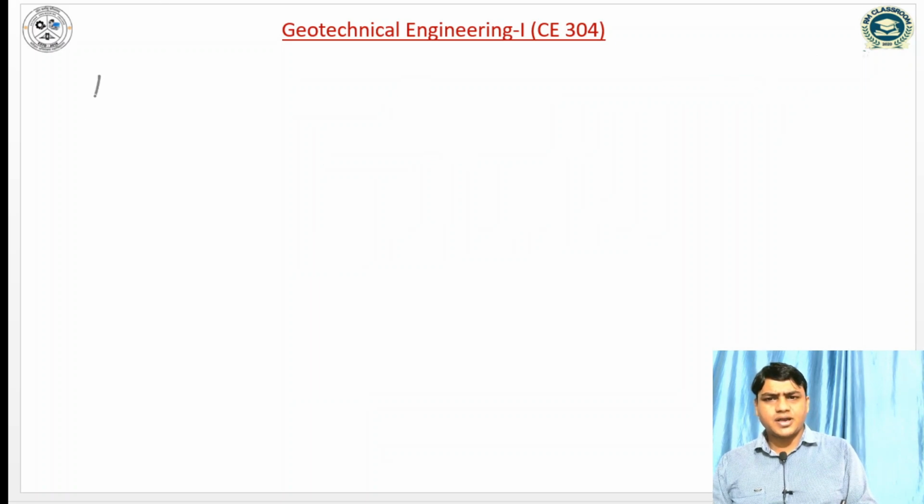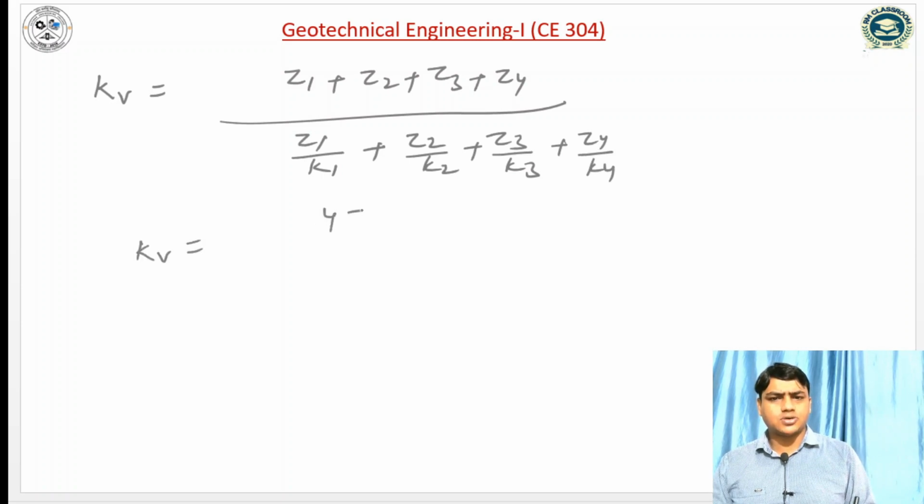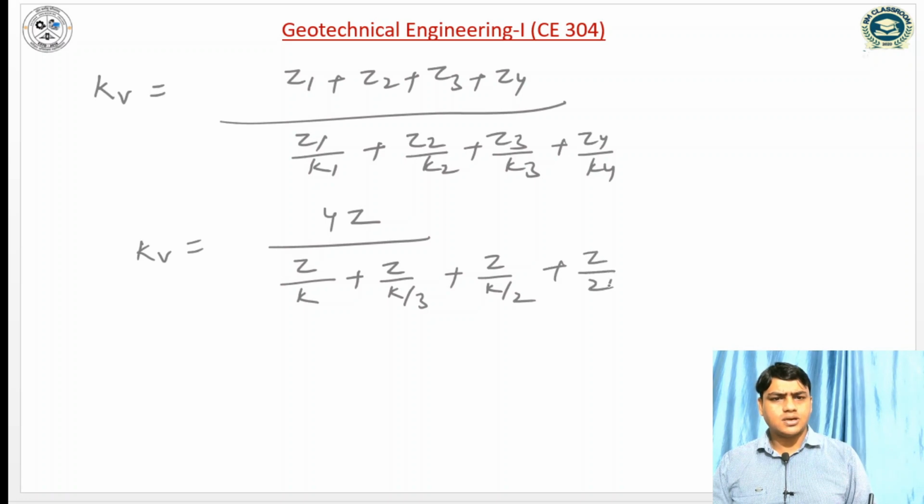Similarly, vertical permeability can be computed as total thickness Z1 plus Z2 plus Z3 plus Z4 divided by Z1 by K1 plus Z2 by K2 plus Z3 by K3 plus Z4 by K4. So Kv is equal to total thickness Z plus Z plus Z plus Z, so it is 4Z divided by Z by K plus Z by K by 3 plus Z by K by 2 plus Z by 2K.